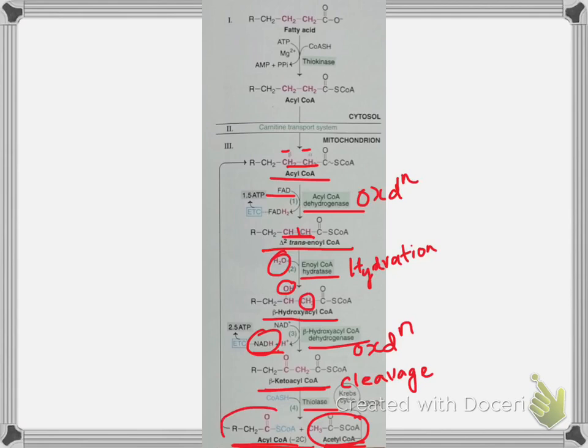The new acyl CoA, containing 2 carbons less than the original, re-enters the beta oxidation cycle, and this process continues till the fatty acid is completely oxidized.